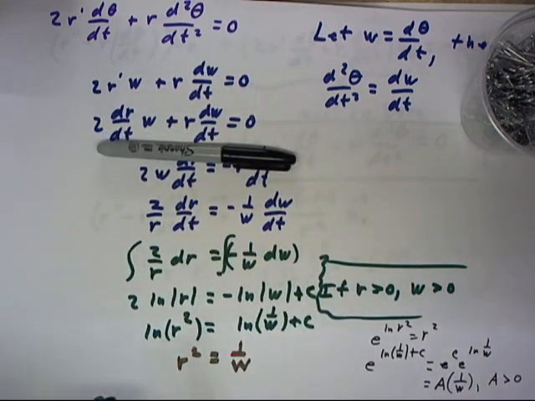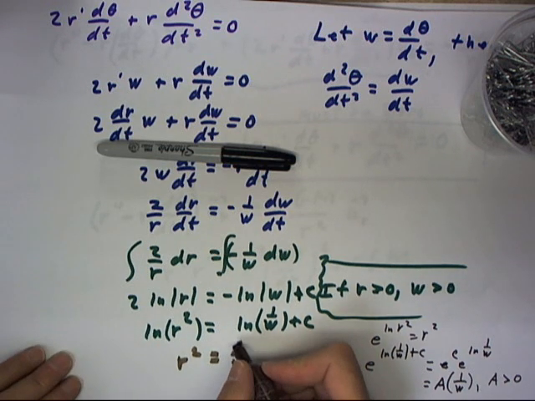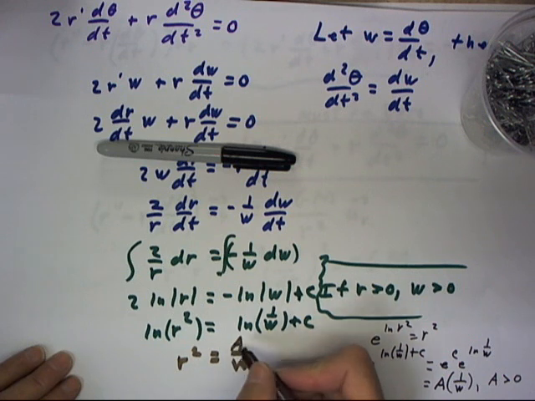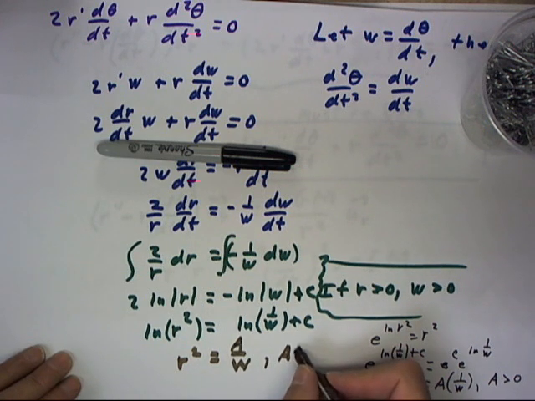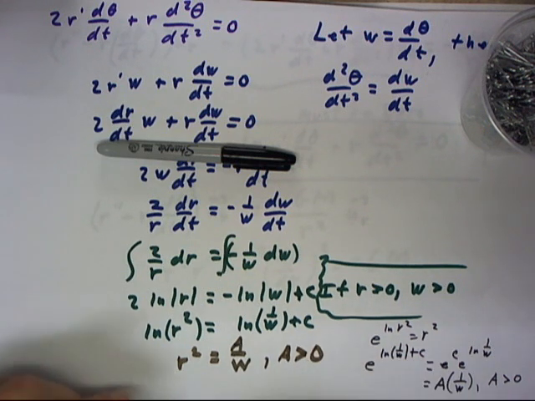So we're going to get r squared not equal to 1 over w, but a times 1 over w, and I'm going to change that to a over w with the proviso that a is greater than 0.